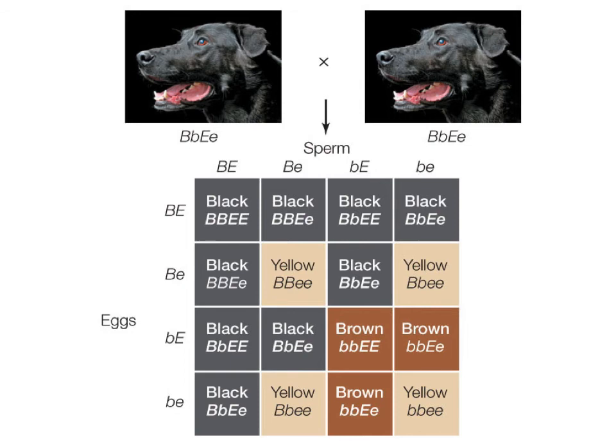Doesn't matter if they're homozygous or heterozygous for it, they have a functional copy that will put their brown color in the fur. But they have to be homozygous recessive for B, right? If you've got a big B, it's black pigment that is being made, okay? So this is an example of epistasis, or the interaction of multiple genes in a single phenotypic trait.